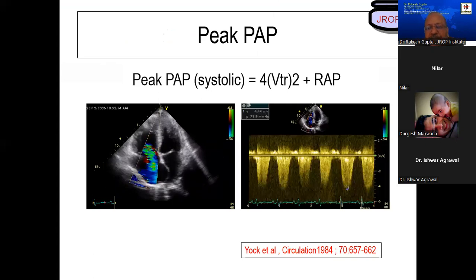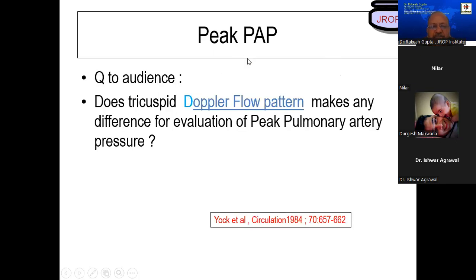So I derive the tip of the TR jet velocity. That's 4 into V square plus RA pressure. RA pressure we determine from the IVC. So that's how we get a peak pulmonary artery pressure.